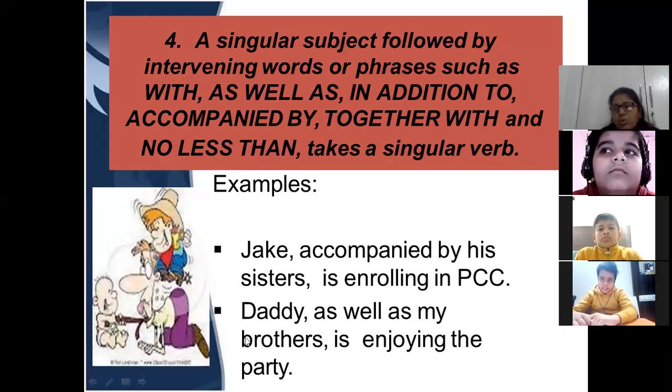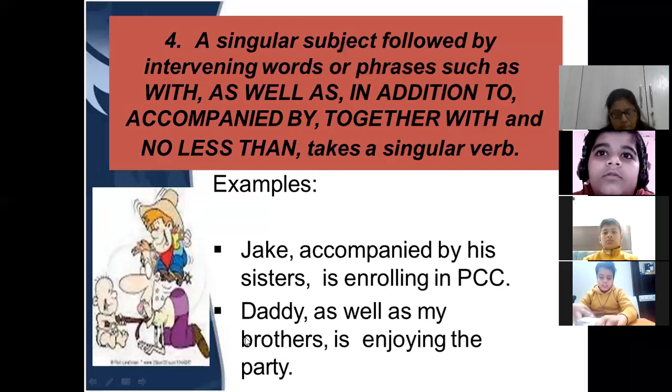See the basic difference between the use of and and with. When we talk about rule number B in your book, the rule says when two or more singular subjects are joined with and, they usually take a verb in plural. Now, what is the difference? If I say Ashok and his brother are here, I am talking about two subjects.